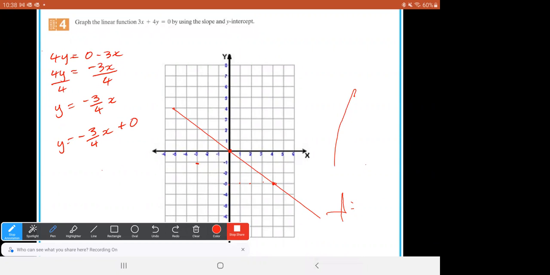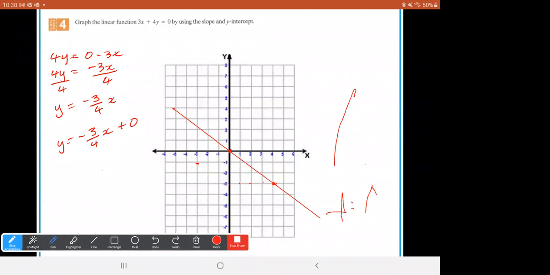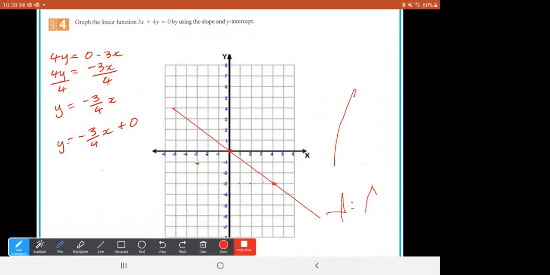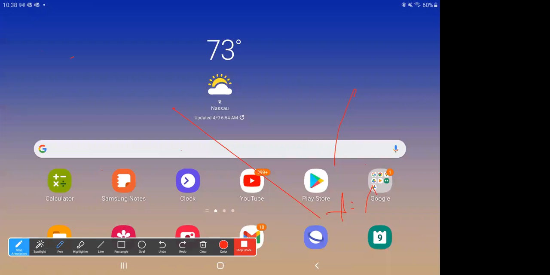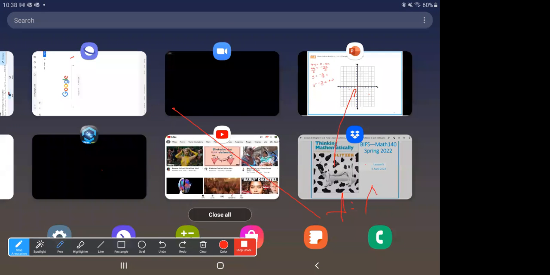I'm trying to, who can see what we share here? Excuse me a minute there. This thing is starting up. Okay. Go back in again. Screen.